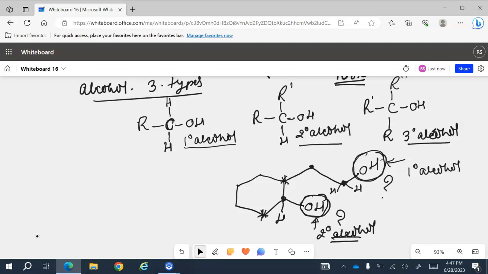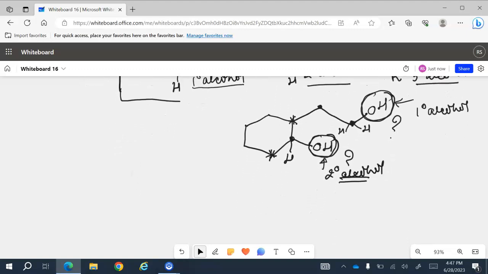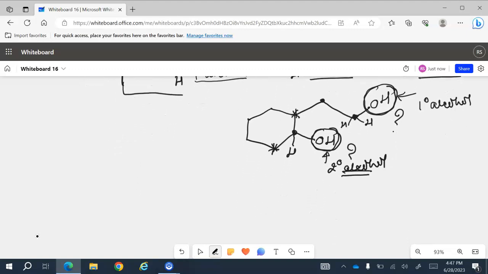This is how we can identify the type of alcohol, and it is very important for you to identify the type of alcohol as you see the structure.